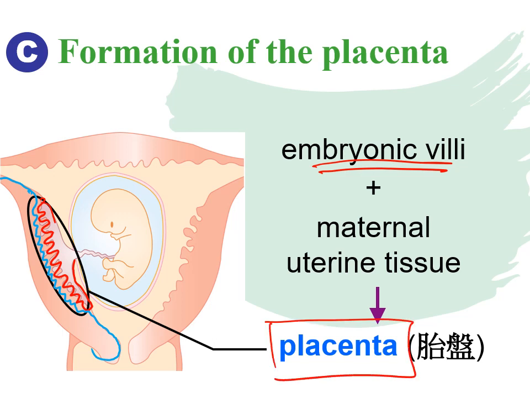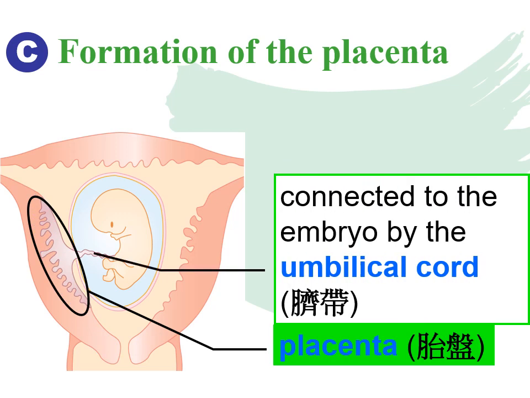So one thing very important to bear in mind is that the placenta is formed by both the tissue from the embryo, the baby, and also the tissues from the mommy's uterus. And in the middle, to connect the placenta and the baby, you have an umbilical cord, 臍帶, umbilical cord.